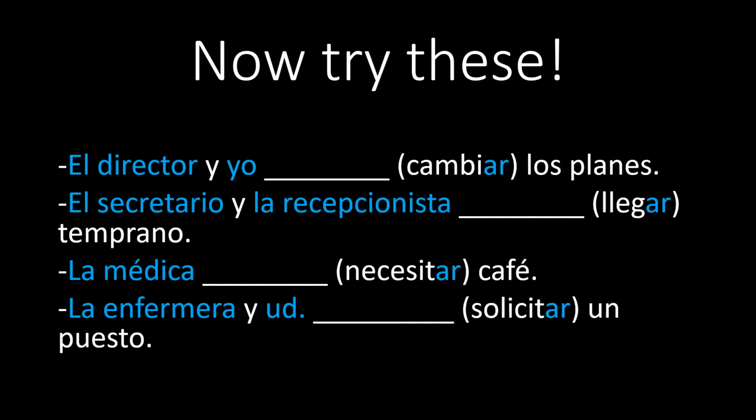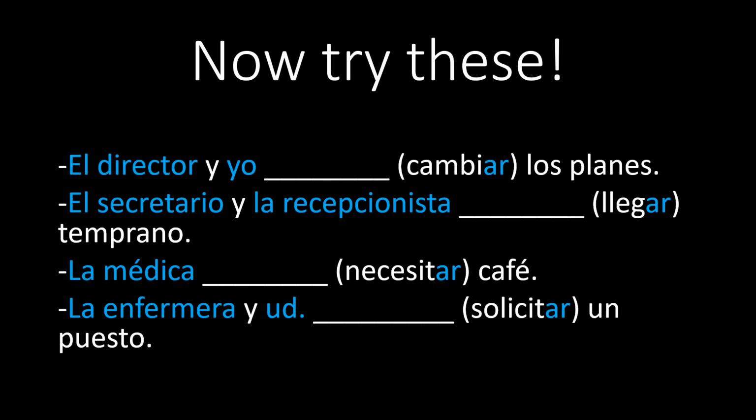So, el director y yo. I'm in the group. I can tell that because of yo. But also, another person's in the group. And that's el director. El director y yo. So if I were to say the director and I, that would be another way of saying we. And in Spanish, we could be said nosotros.